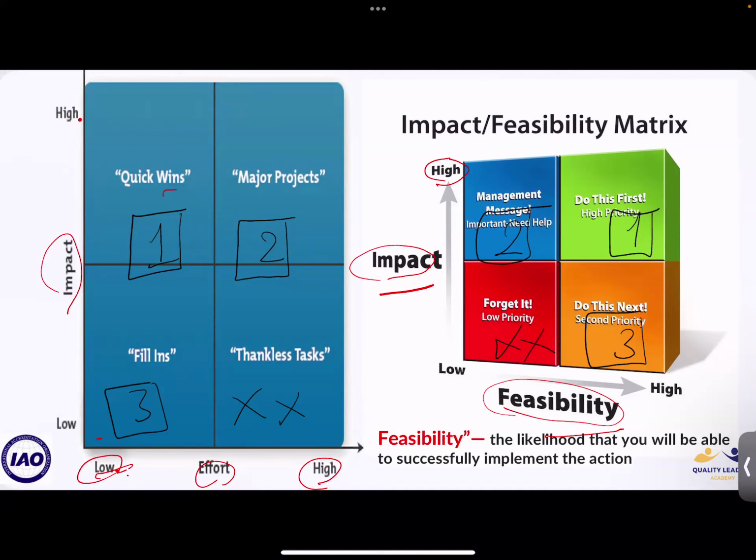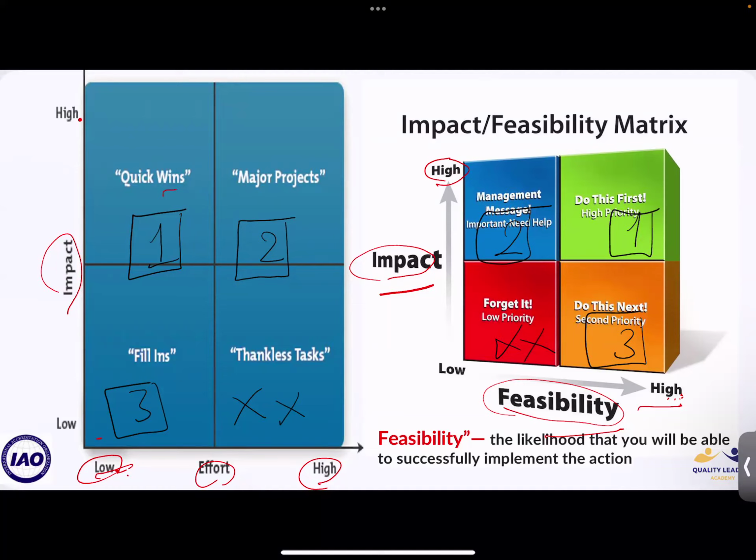If the feasibility is high, that means implementation will be easier. What should you choose based on feasibility? The higher the feasibility, the easier it is to implement. If feasibility is high, then the solution doesn't require much effort.